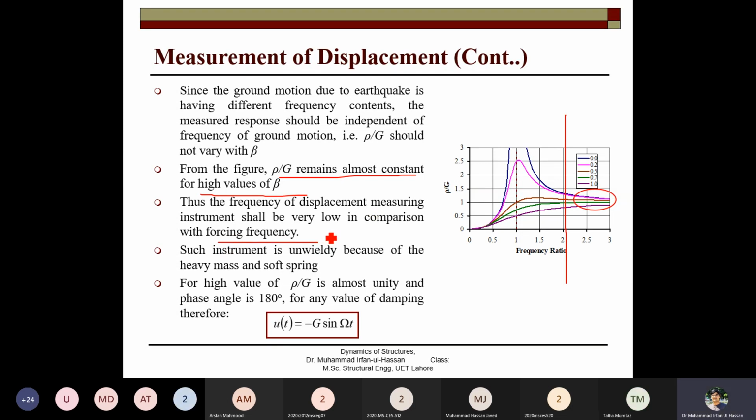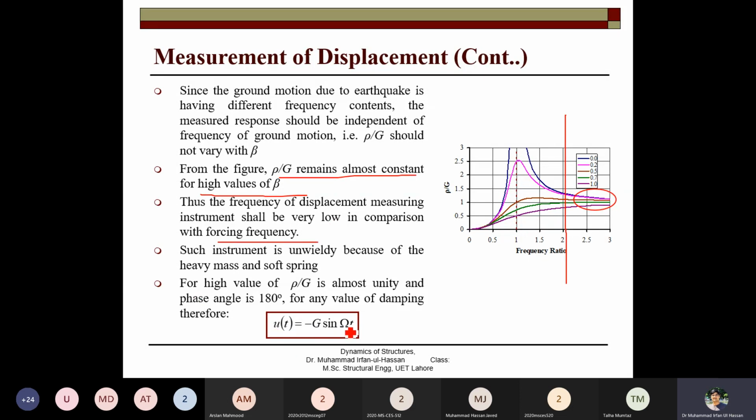The frequency of the displacement measuring instrument will be very low. Such an instrument is unwieldy because of the heavy mass and the soft spring. So we can make an instrument with a heavy mass and a soft spring. But for the high value of beta, rho over G is almost unity, and the phase angle is 180.